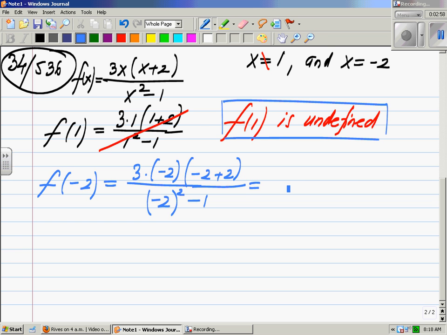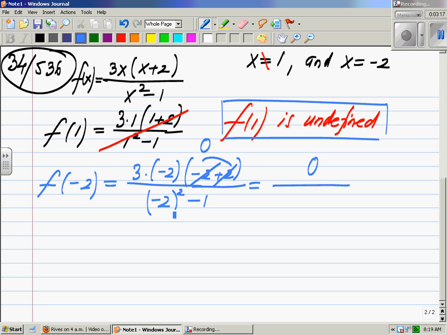And this will be order of operations. You go with the top, parentheses first, right? What is negative 2 plus 2? That'll be 0, right? And knowing that this one is 0, it really doesn't matter what other factors you have here. The top is going to be 0.